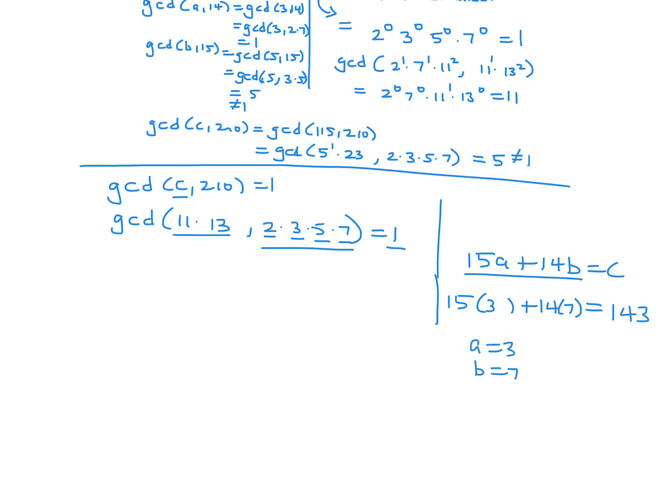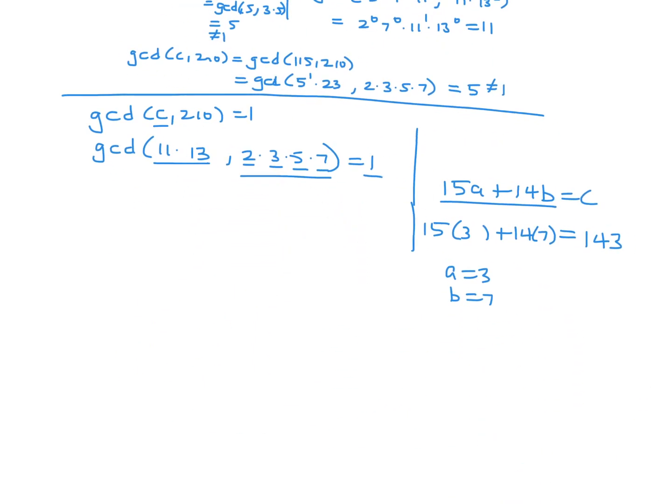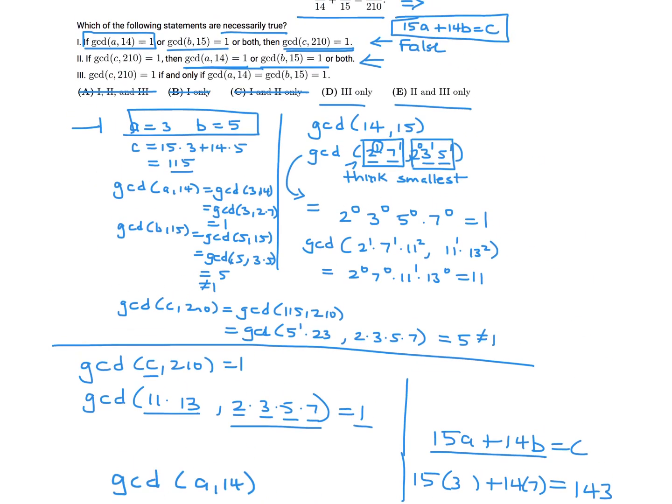So let's see. The second part of this, the GCD of that and the GCD of this. Okay, let's see if that holds true. GCD of A and 14, which would be the GCD of 3 and 2 times 7, that is indeed 1. And then the next one, GCD of B and 15, is it B and 15? Just double-checking, yeah, it is.